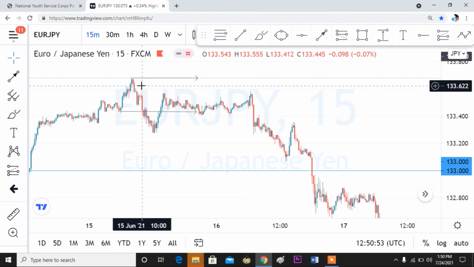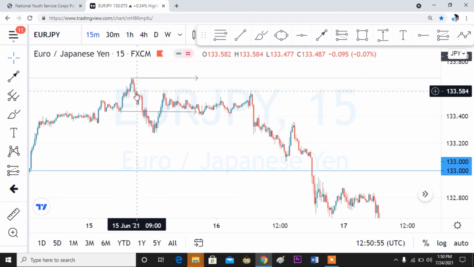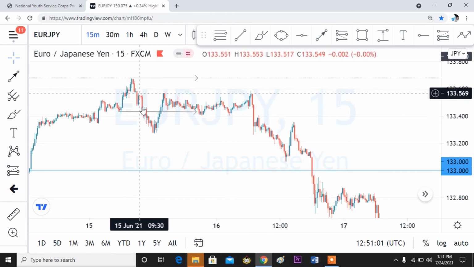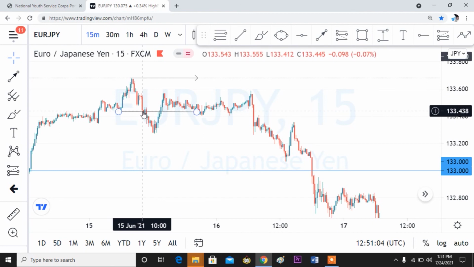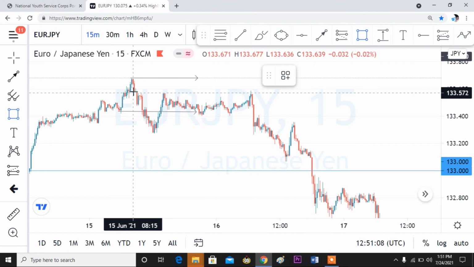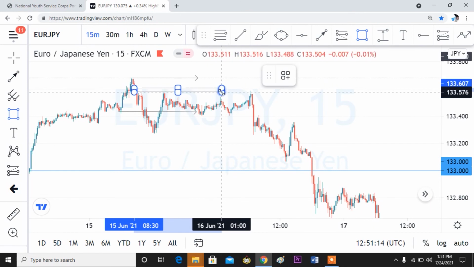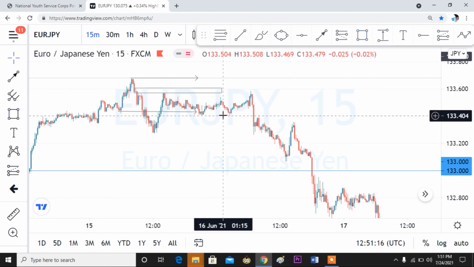So we go for the first one, and in this case, here was the first bullish candle that resulted in the break of this market swing low. So we have to mark that as our point of interest.